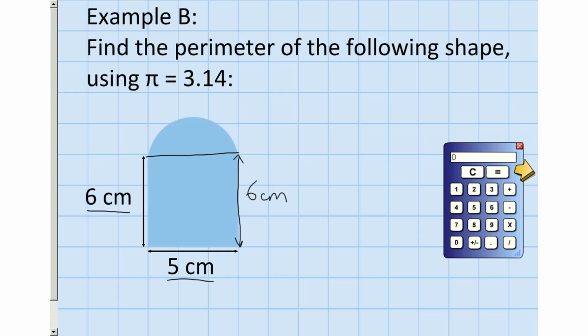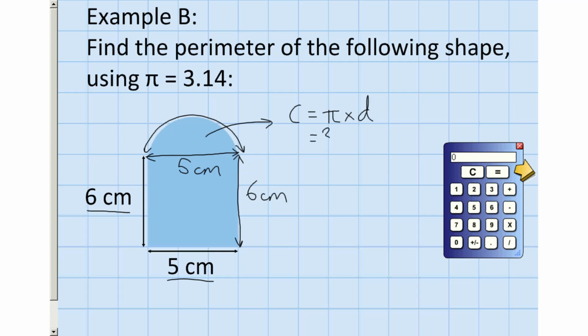But now we need this length around the semicircle. So to do that we need half of the circumference of the circle. Since we know the diameter, this length across is already 5 centimeters, the circumference of the full circle would be equal to pi times d.